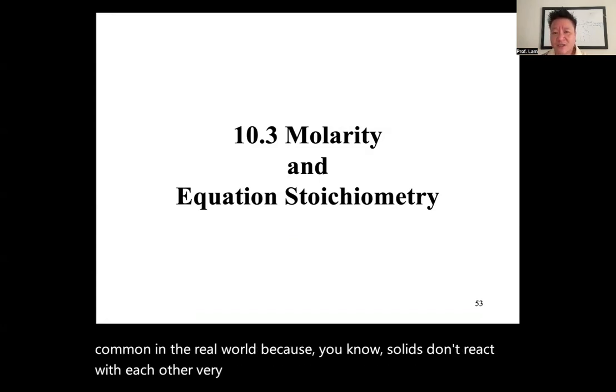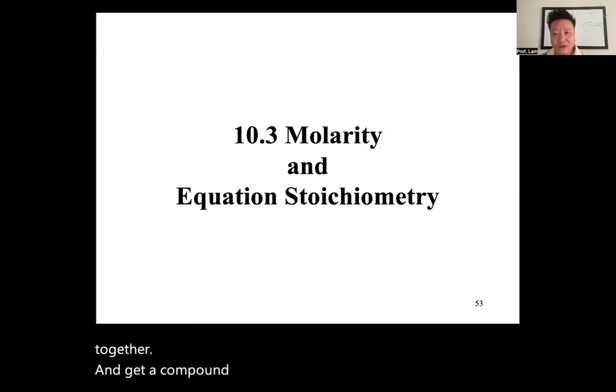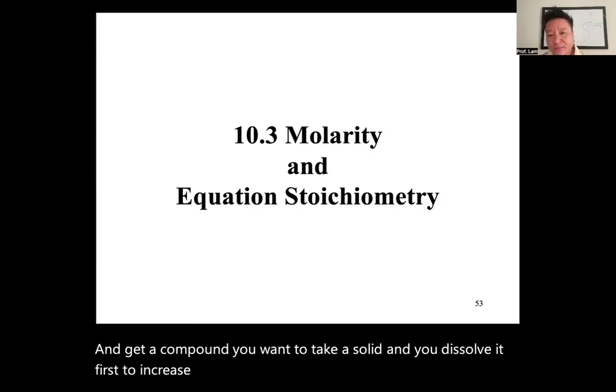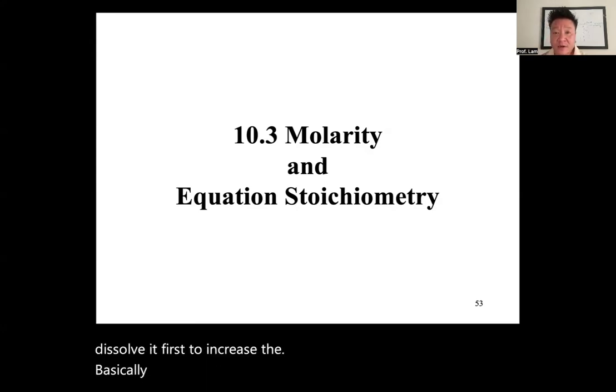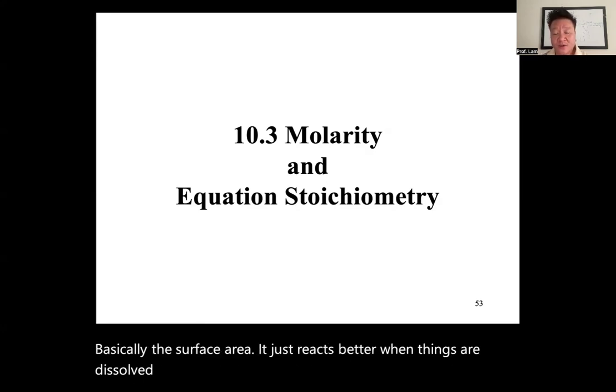You can't just smash two solids together and get a compound. You want to take a solid and dissolve it first to increase the surface area. It just reacts better when things are dissolved. So you want to dissolve something first into a solution, and then you react the solutions together.